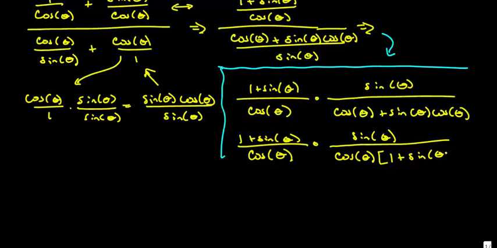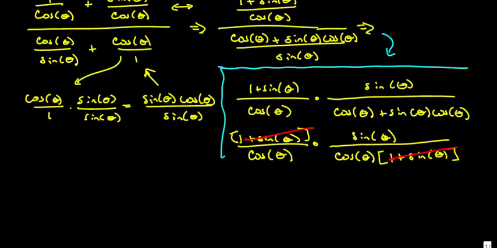But notice what I get on that lower right. I get 1 plus sine. And so now I've got a 1 plus sine up here and a 1 plus sine down here. So these guys are going to cancel.